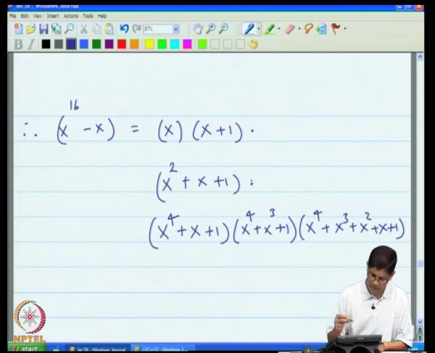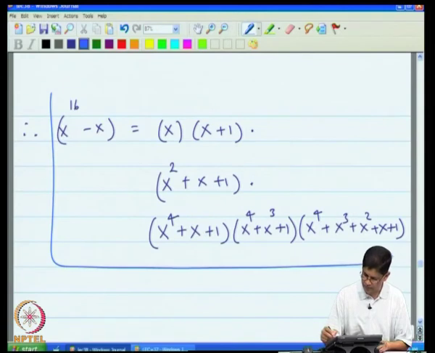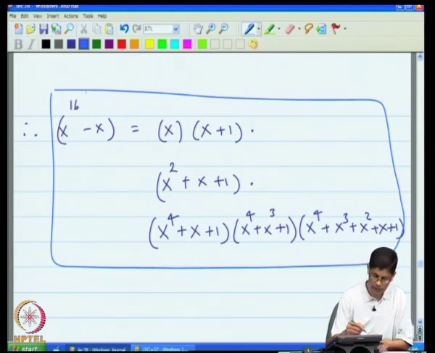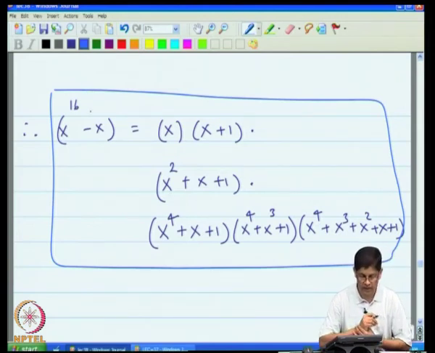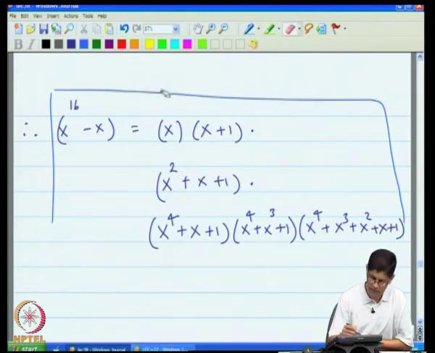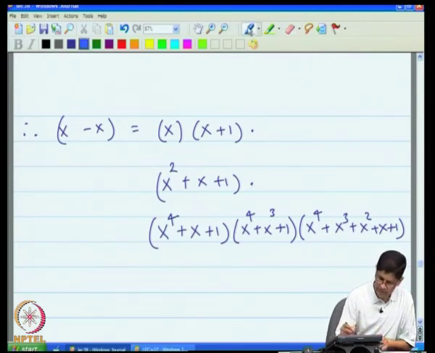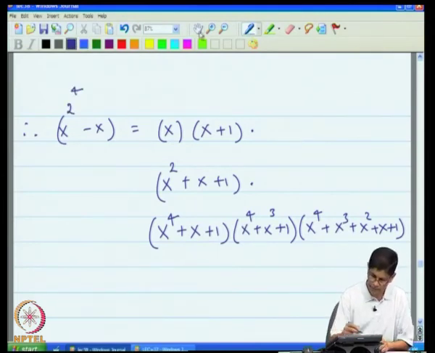So, that means that you can factor x to the 16 minus x into the product of irreducible polynomials. These irreducible polynomials have the property that their degrees divide 2 to the 4, and the 4 comes because 16 can be expressed as 2 to the 4. So, in fact, it may be better for us to actually write this 16 over here just to emphasize that fact. Let us write this as 2 to the 4.